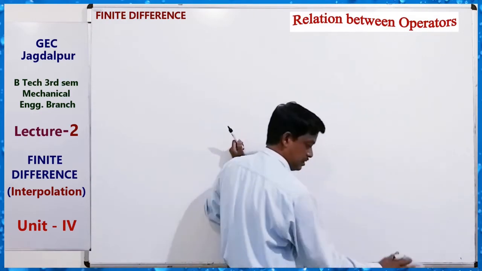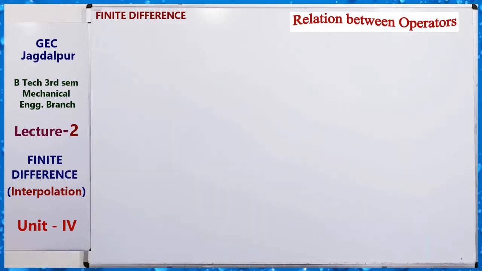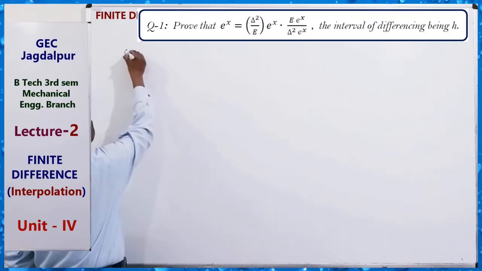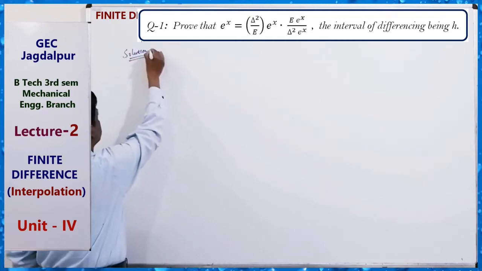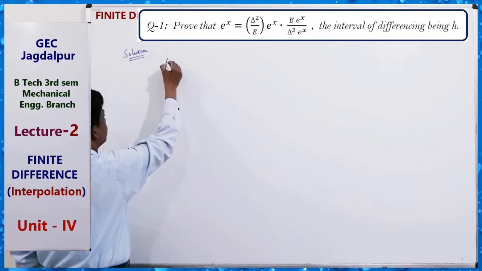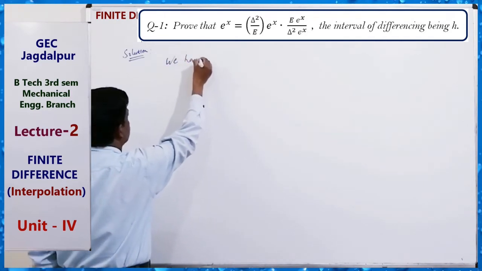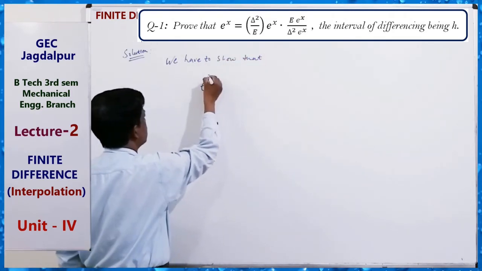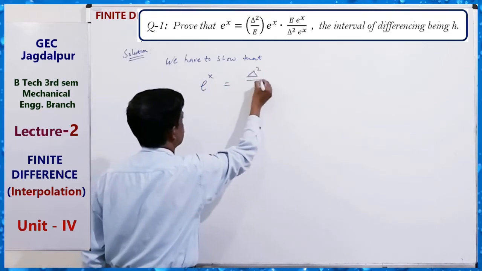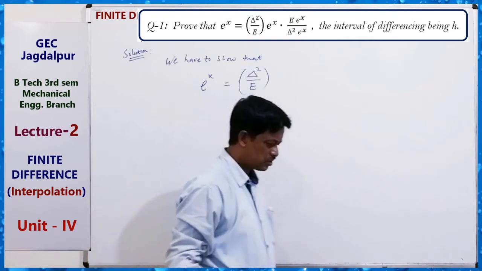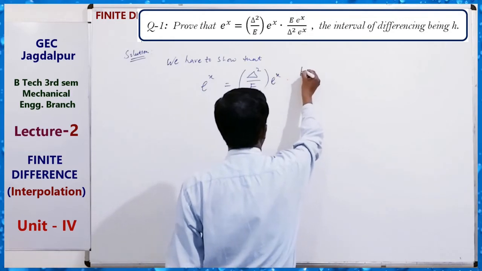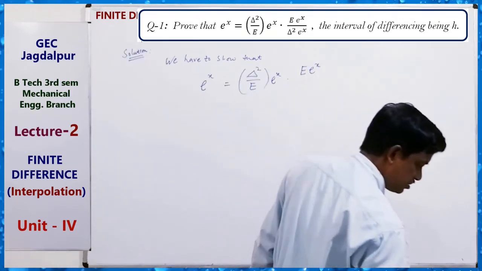Solution. We have to show that e to the power x equals del square by E, del square by e to the power x, e to the power x by del square e to the power x.